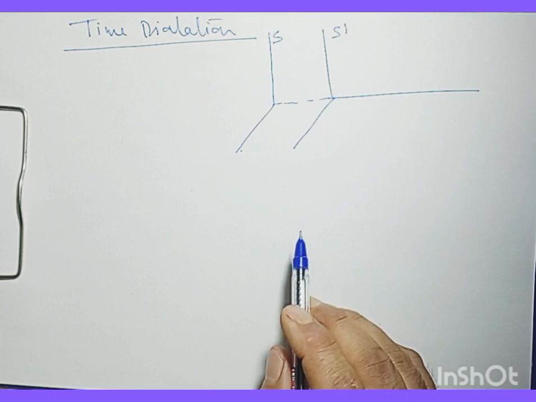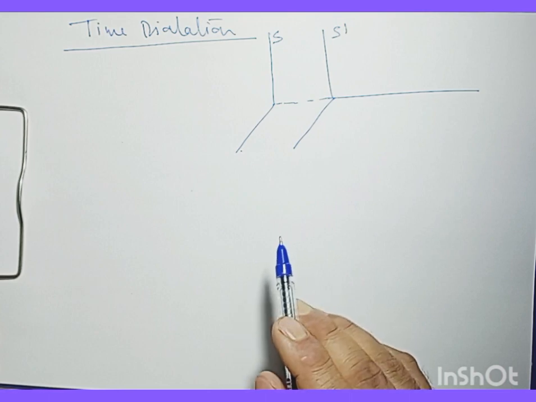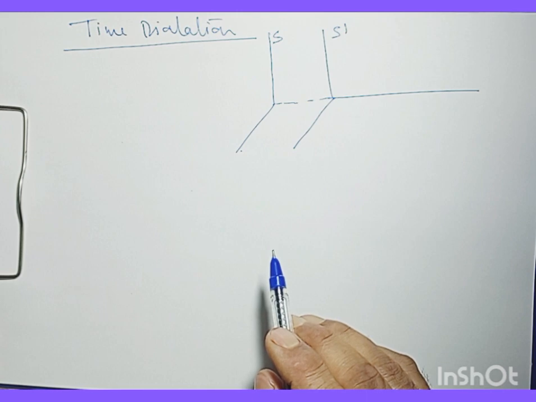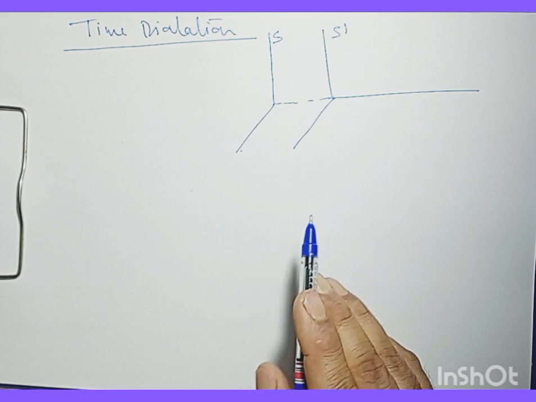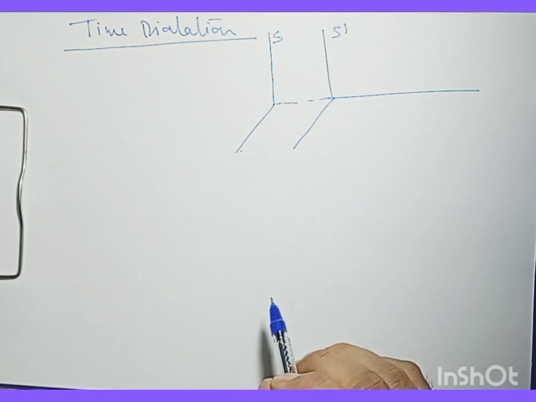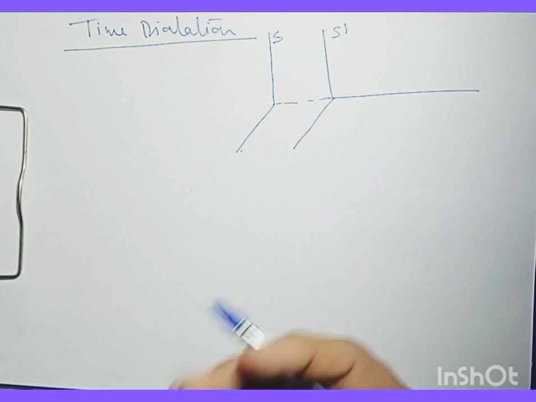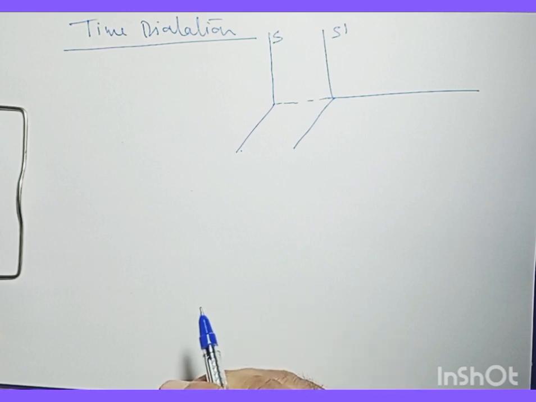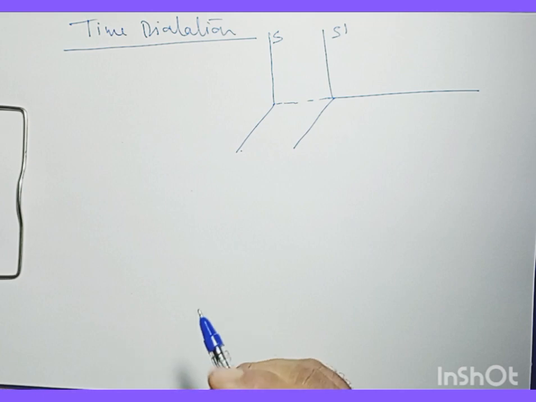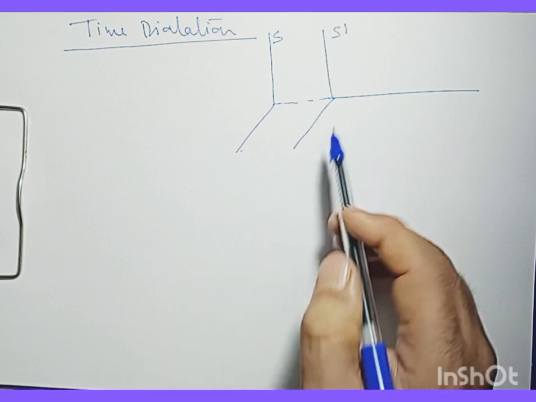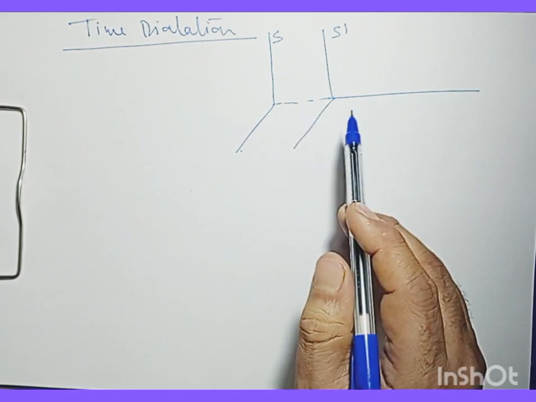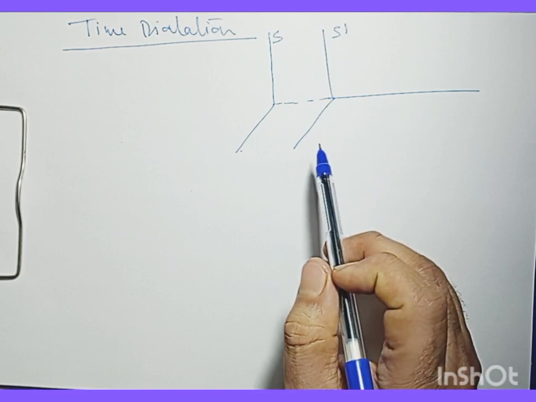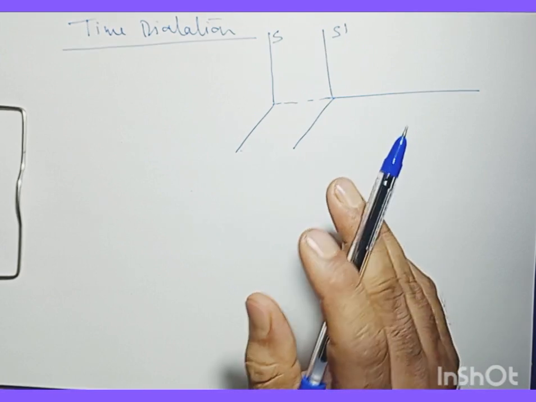So now, another consequence of Lorentz transformation equations is time dilation. It's a very interesting topic, and to understand time dilation in a mathematical way, it would be right to say that we have two frames of reference.